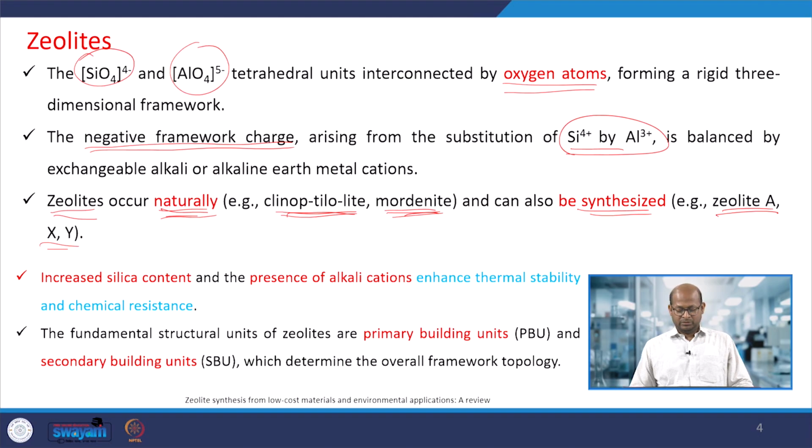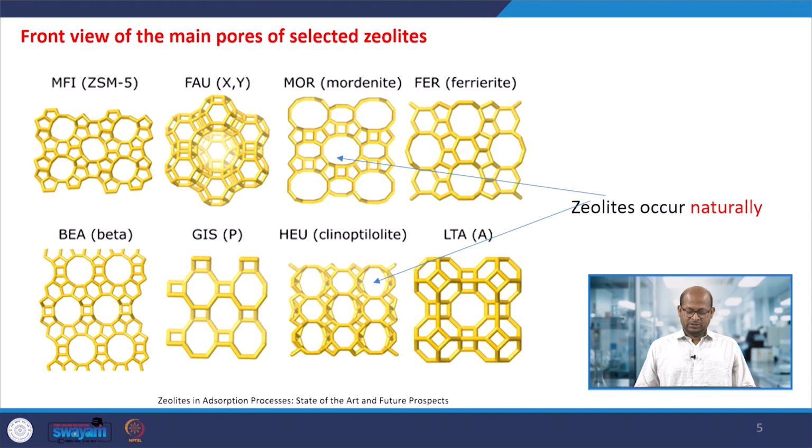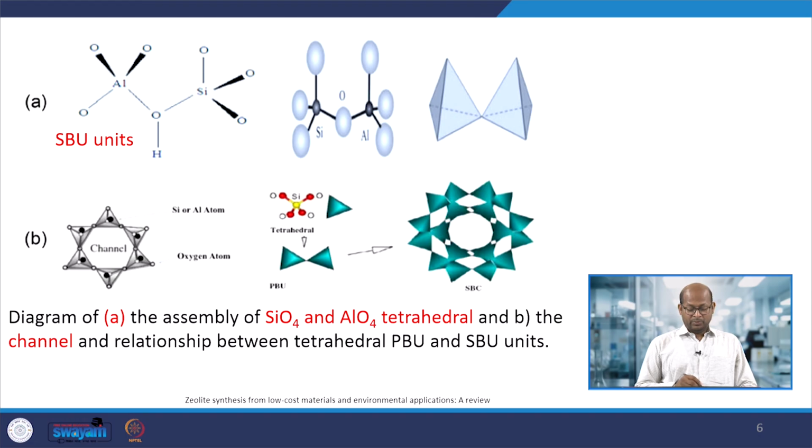Depending upon the method, the structures differ, and as a result they are named differently. Primary building units and secondary building units determine the structures of the zeolites. Apart from mordenite and clinoptilolite, different types of structures exist, and those are the primary units.